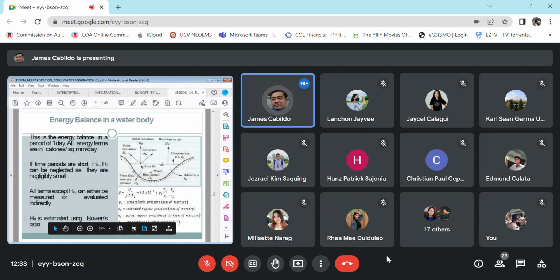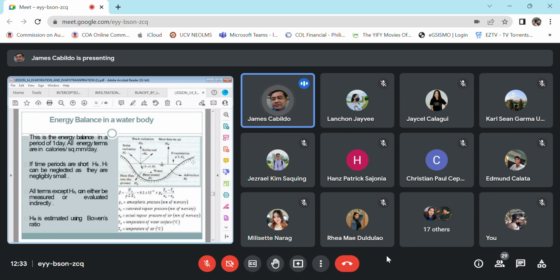Alright, so the diagram shows the different energy units, say, for example, the energy balance in a period of 1 day. It says in here, all energy terms are in calories per square mm per day. The unit used here is an English unit, calories per square mm per day.